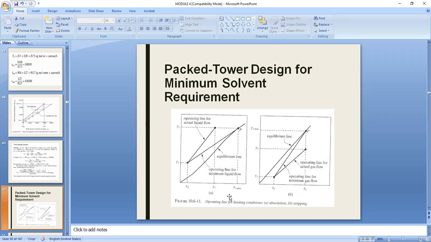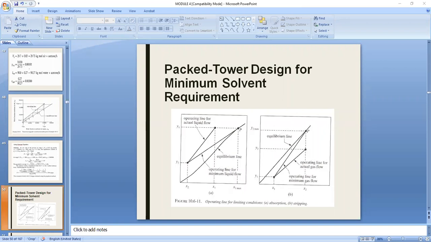So you see here that this is your corresponding, I'd like to project it so you would see, maximum mole fraction in the liquid phase at the bottom of your column, the maximum mole fraction that your minimum solvent amount can achieve from your feed gas or from the given design of operation.